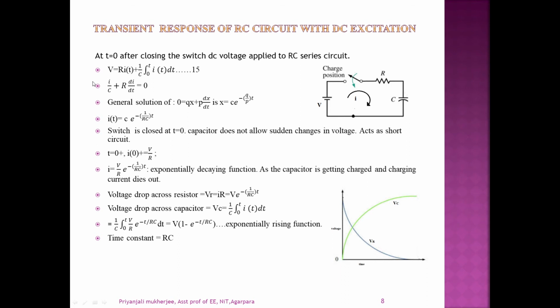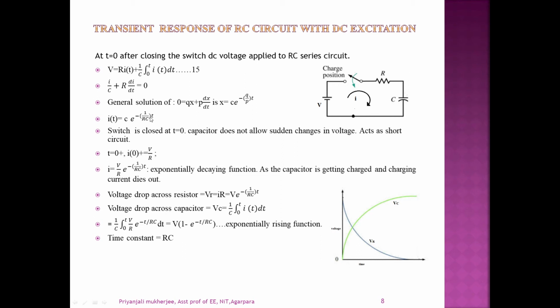If we differentiate both sides, it becomes i by C plus R di/dt equal to 0. Again, we consider the general solution of this homogeneous equation, C e to the power minus t by RC, and comparing it with the current equation, we can say that i equals C e to the power minus 1 by RC into t.